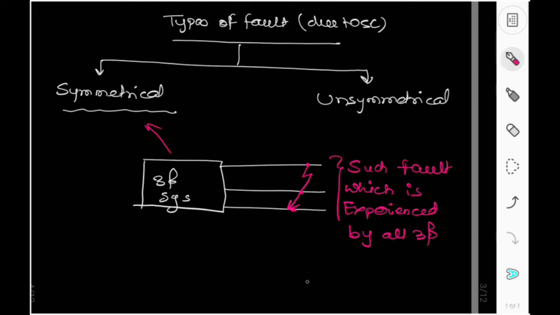Now we all know that in a three-phase system the phase displacement between all three phases is 120 degrees, right? So if the fault experienced by all three phases is the same, then there is no disturbance in the phase distribution.